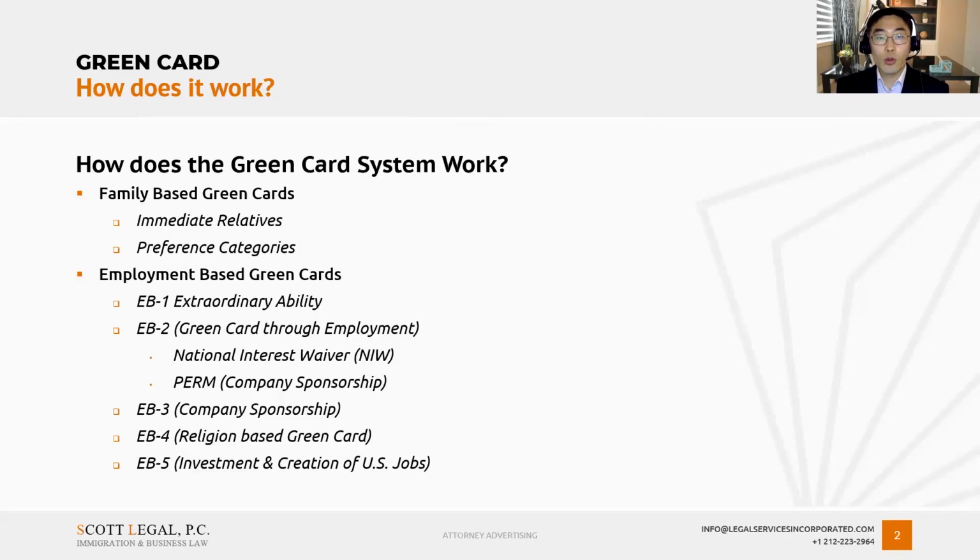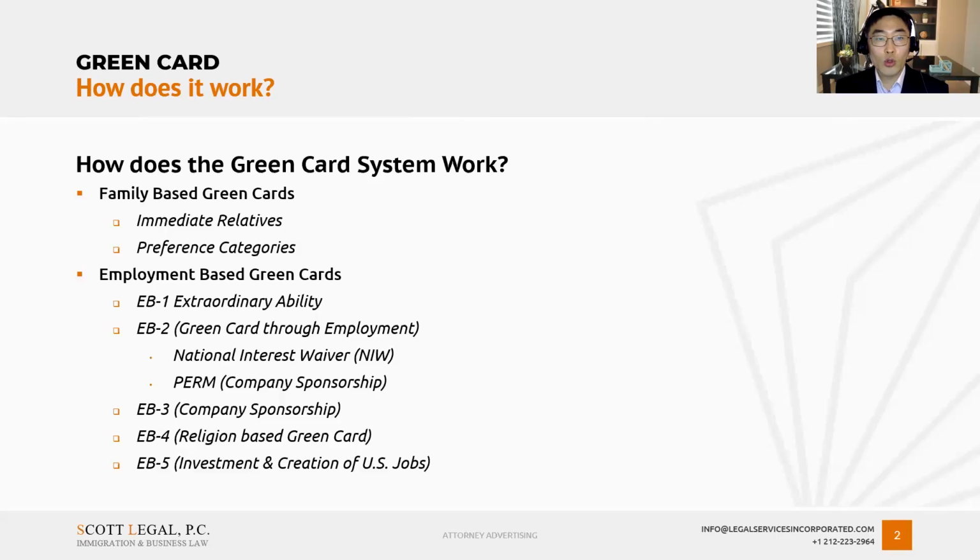Employment-based categories are also broken into a total of 5 subcategories from EB1 to EB5. EB1 is generally known as extraordinary ability cases. EB2 also has two subcategories. One is national interest waiver, and the other one is PERM case. A PERM case is where the application process goes through the Department of Labor first before you submit the application to USCIS.